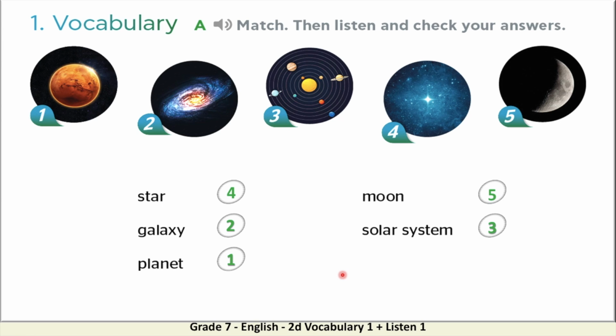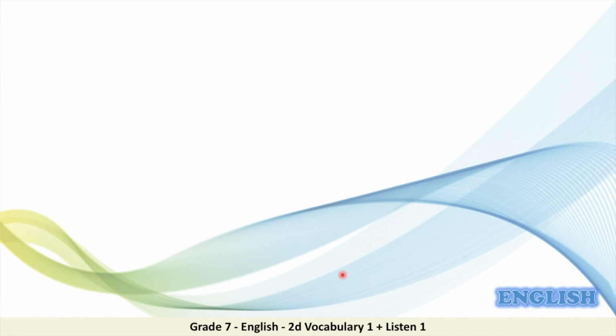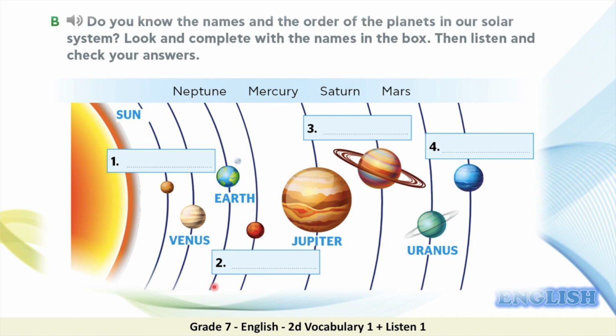Let's move on. After we've identified the planets of our solar system, we need to fill in the gaps here using these 4 planets.